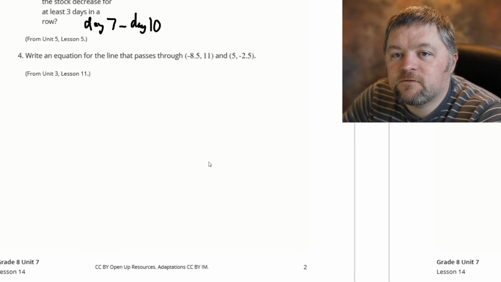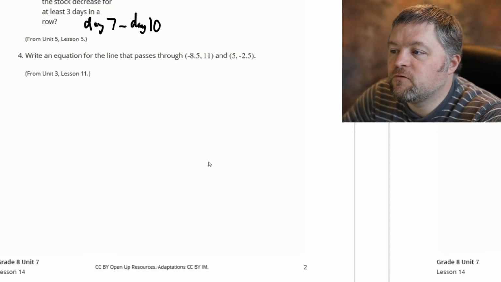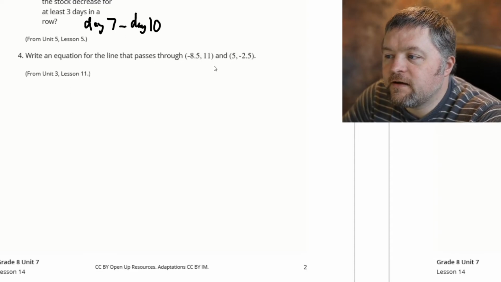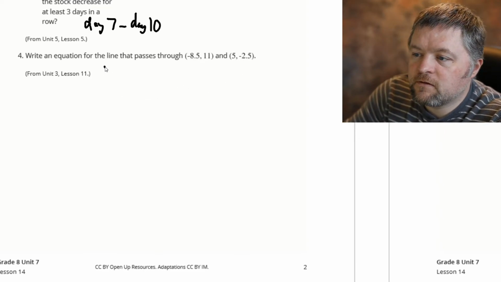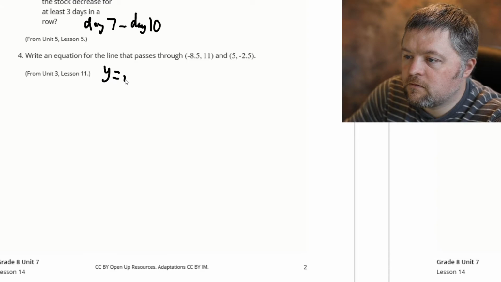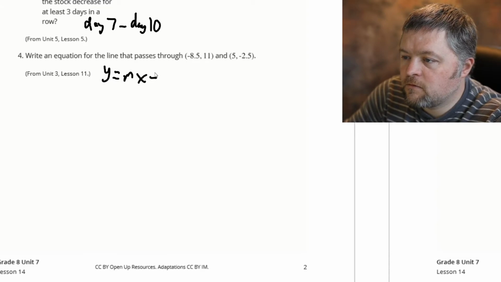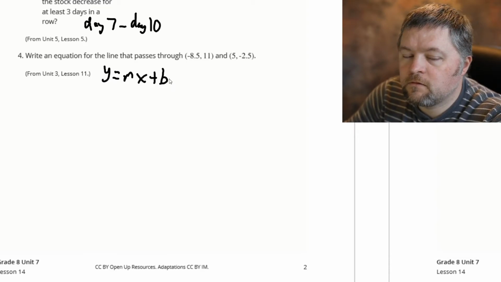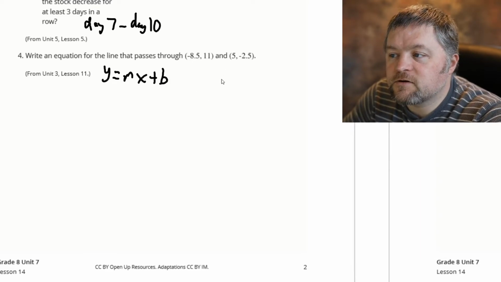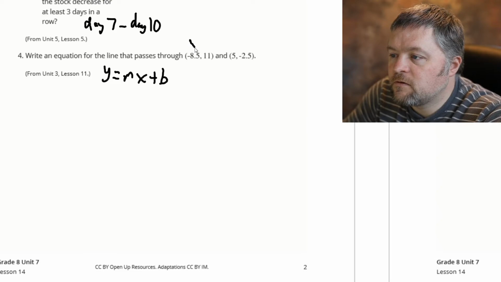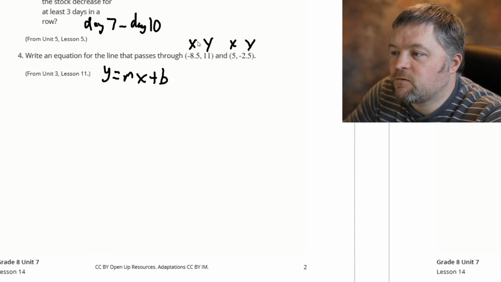Write an equation for the line that passes through (-8.5, 11) and (5, -2.5). Y equals mx plus b. The first thing we're going to want to find out is our slope. X and y, first point.